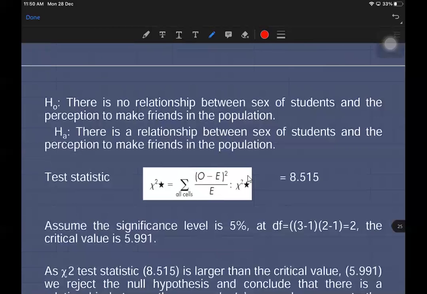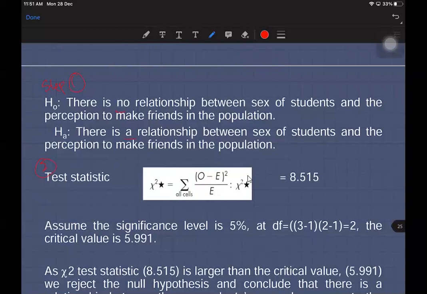Step number 1: the null hypothesis is there is no relationship between sex of students and the perception to make friends in the population, and your alternative hypothesis is there is a relationship. Tidak ada hubungan, null hypothesis. Alternatif, ada hubungan.